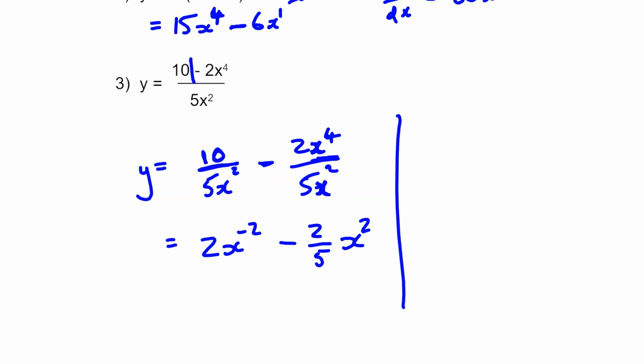So we can now find our dy by dx. We're going to take the first term, so we're going to multiply by the power. So we've got minus 2 times 2, which is minus 4. And then we're going to subtract 1 from the power. So minus 2 subtract 1 is minus 3.